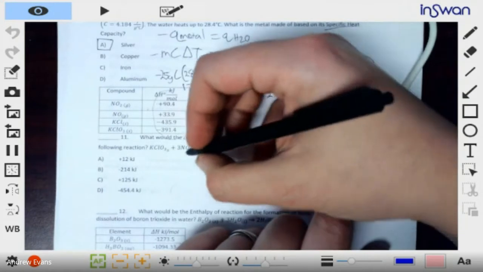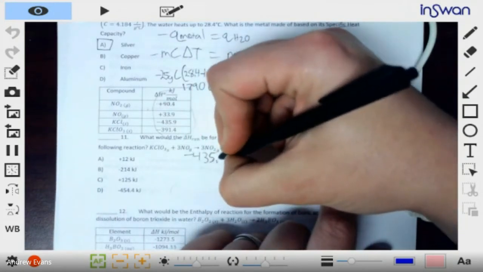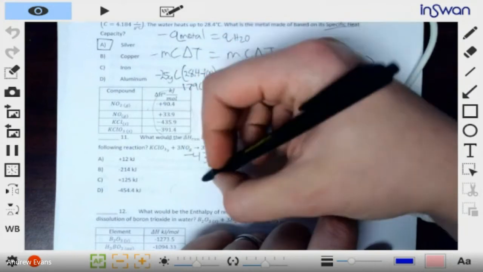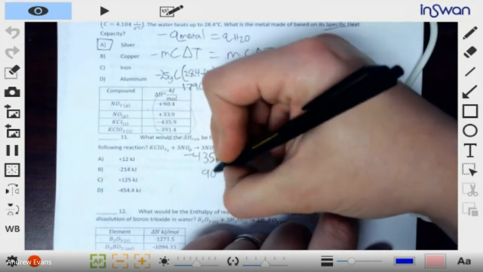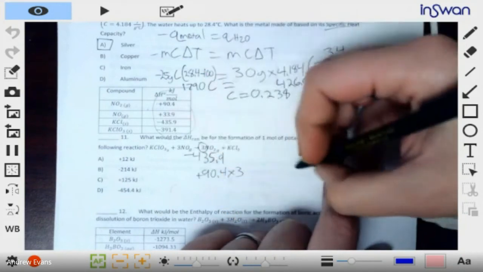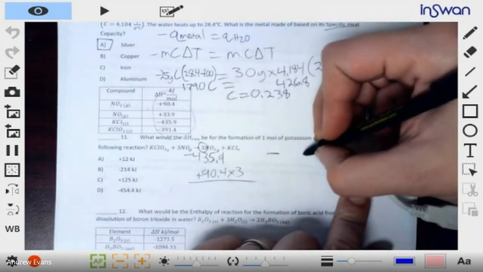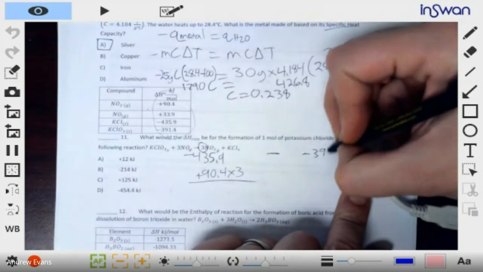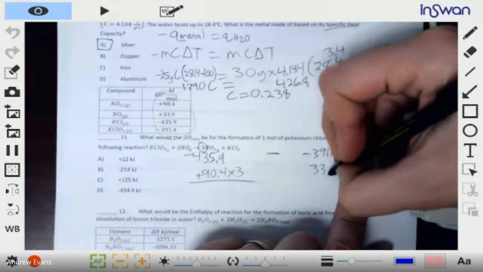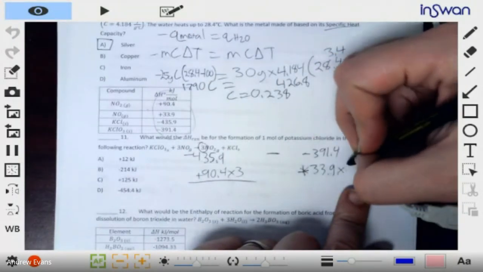So KCl, negative 435.9, plus we have NO2s, 90.4, positive, times 3, because there are 3 of them, minus these guys, negative 391.4, and 33.9. And there's 3 of them.